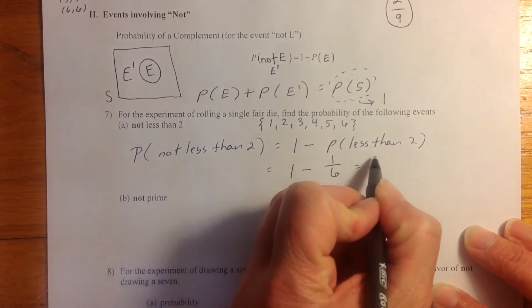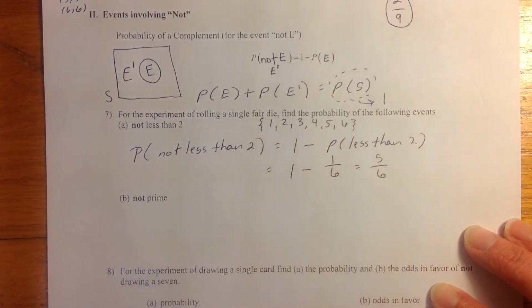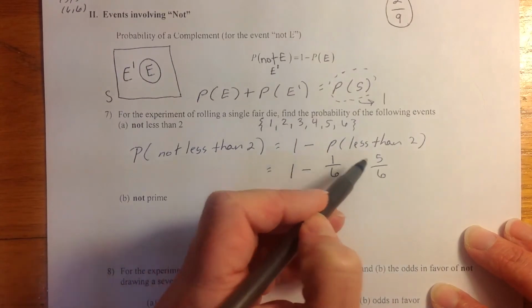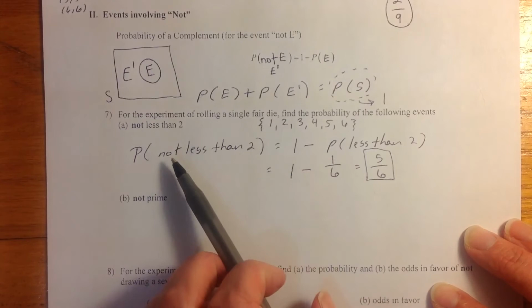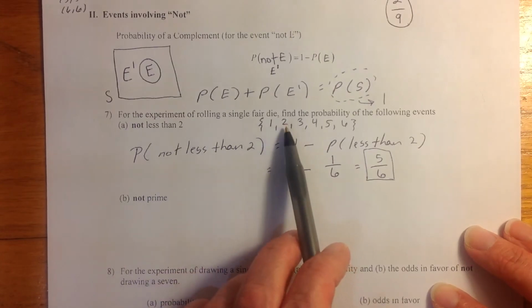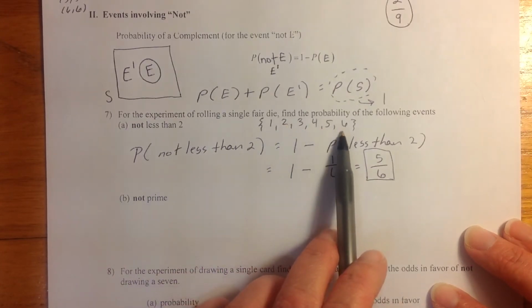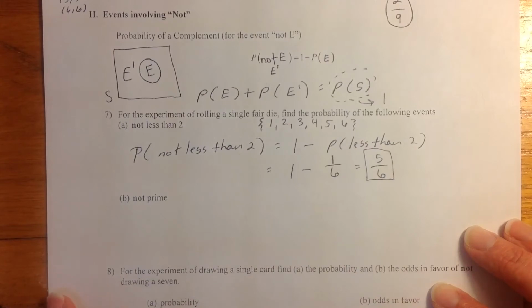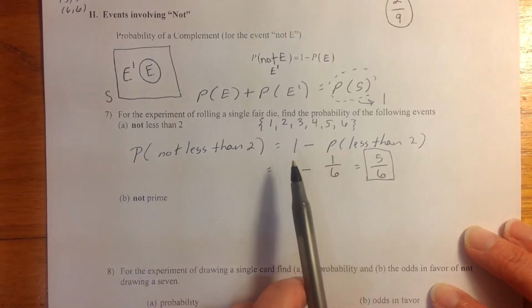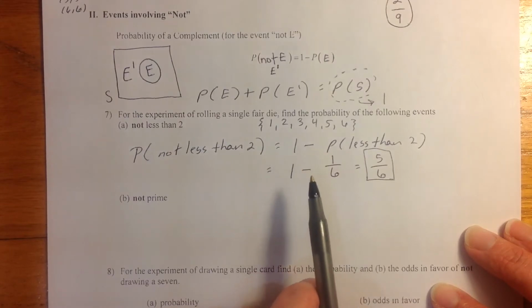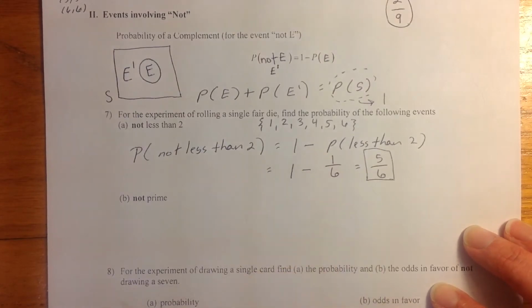If you subtract that, you get an answer of 5/6. Now, it is absolutely the case with this example that you could have just looked at what's not less than 2: 2, 3, 4, 5, and 6, and gotten right to 5/6. But we're practicing this complements principle idea so that when we get to harder problems, we understand its approach.